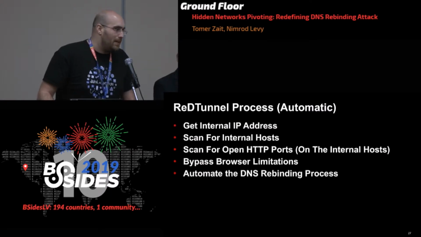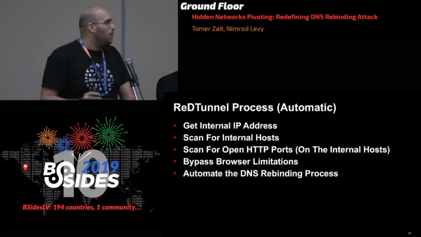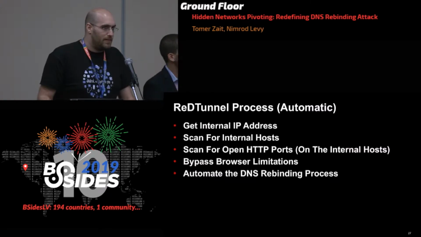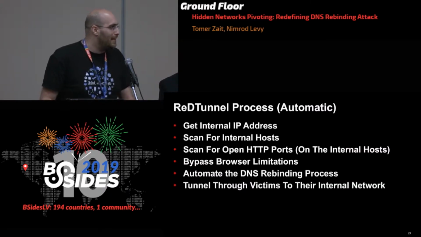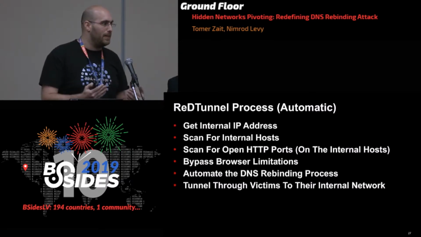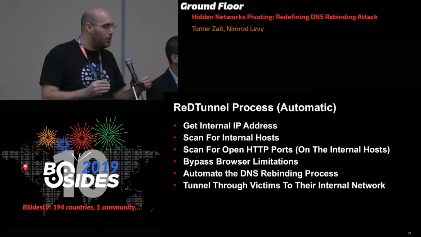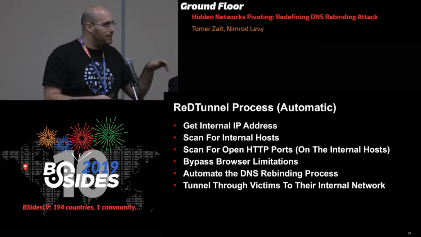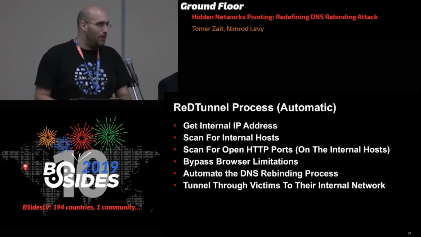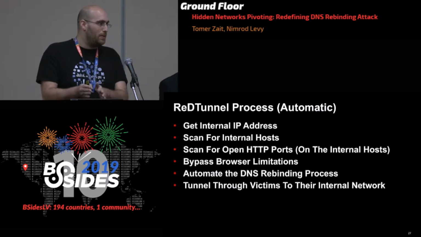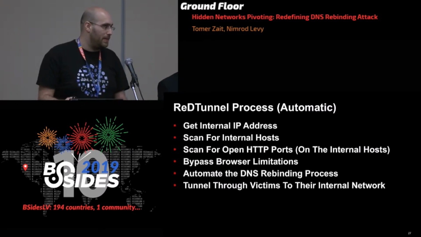So we automate the whole thing. It will automate the whole DNS rebinding process inside the Retinal script. It will tunnel through victims to the internal network. That means that you can actually surf an internal network asset, like the router. You just click on a link, and you see the router like it was in the DMZ.